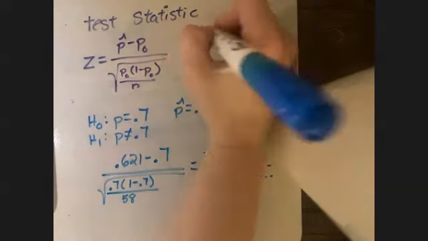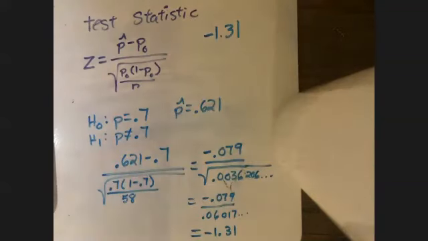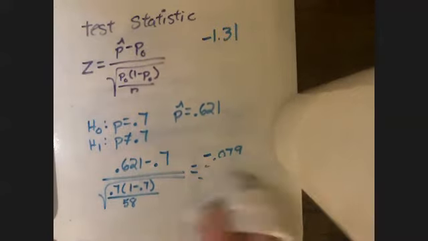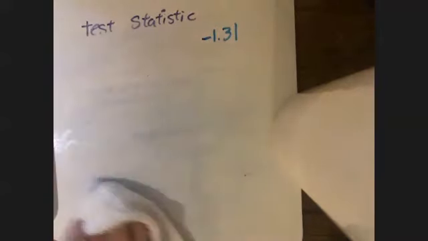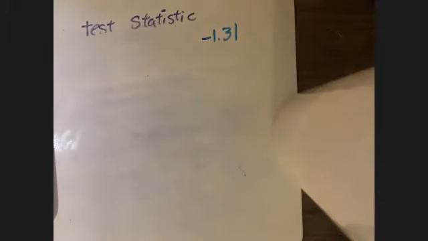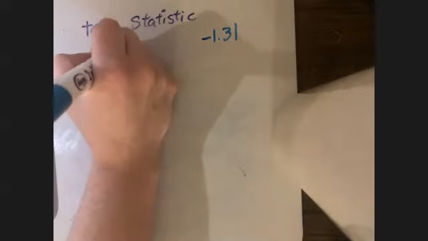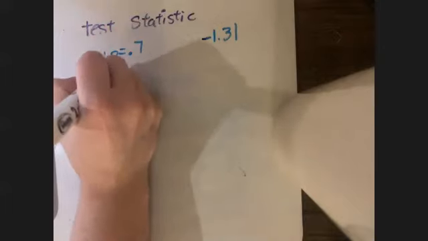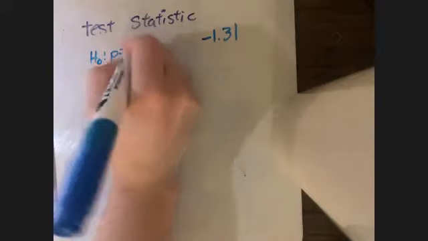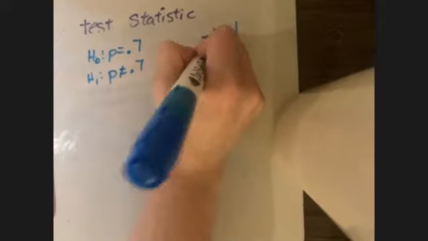So I'm going to mark this up here. Now let me talk to you about how this critical value is going to work. We had P is equal to 0.7, and P is not equal to 0.7, and we know that this is a two-tailed test.